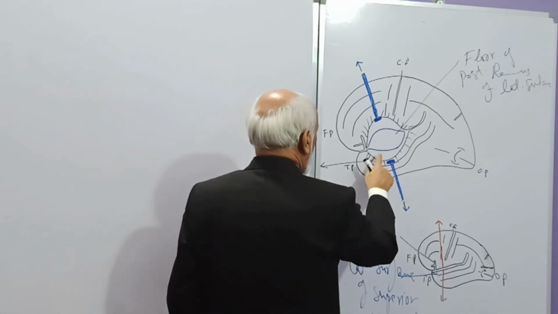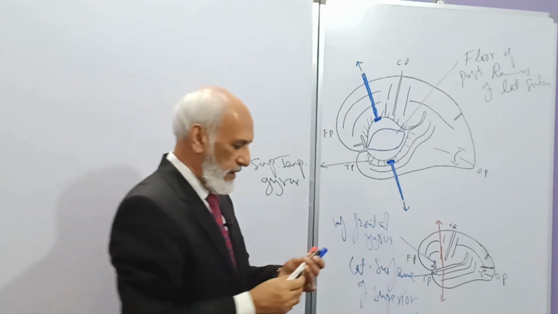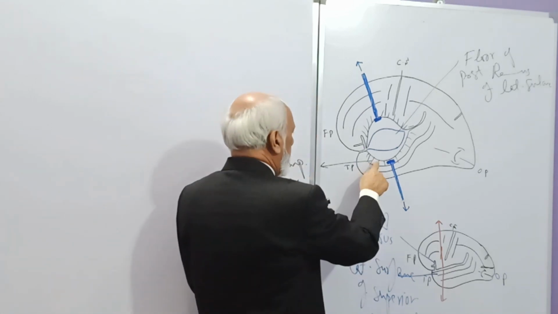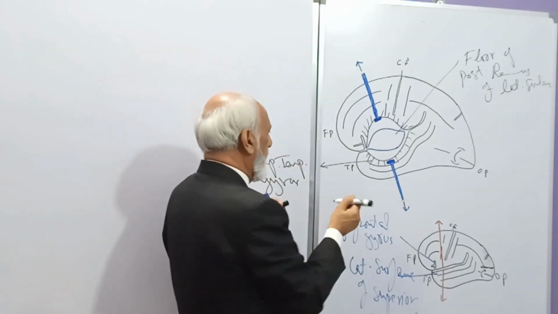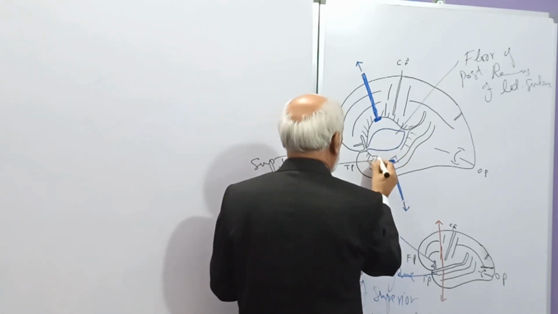Now, there are some features of the superior surface of the superior temporal gyrus. Now, what are these features? It is not smooth.